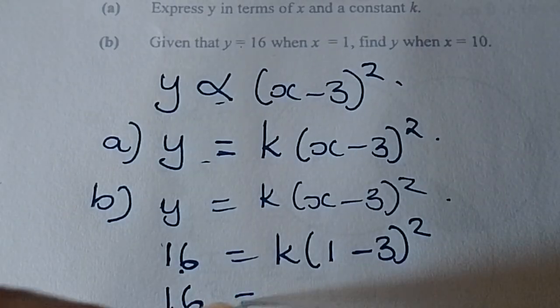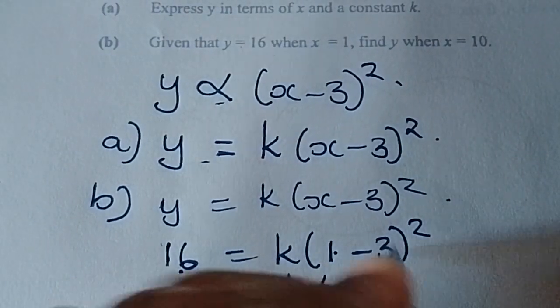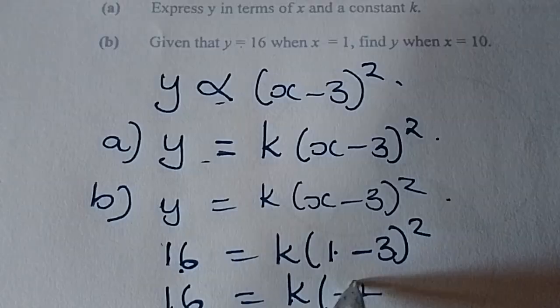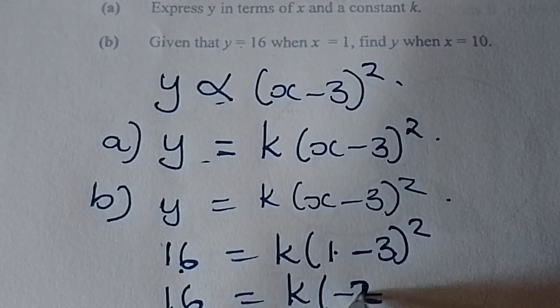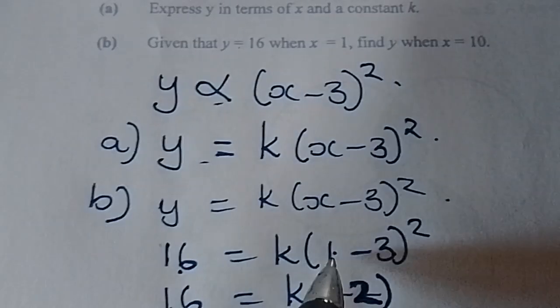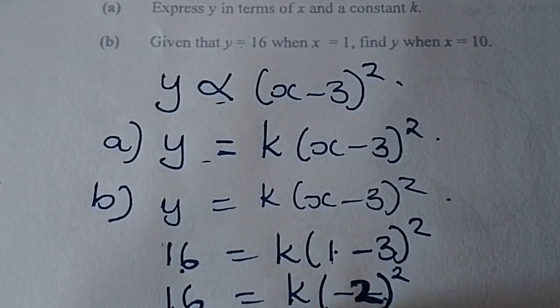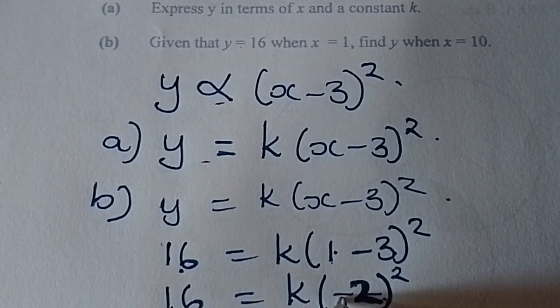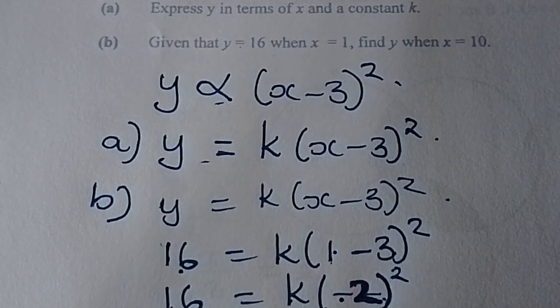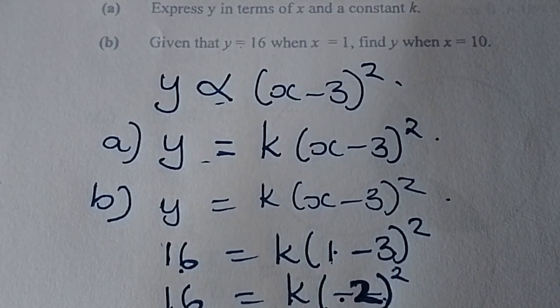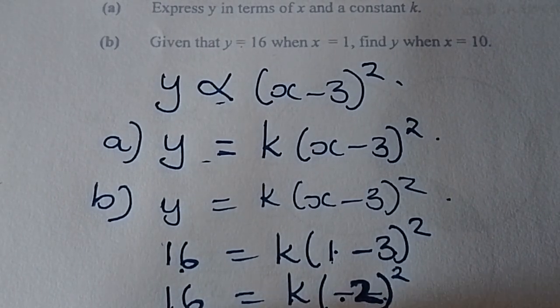So 16 is equal to k times, 1 minus 3 is negative 2 squared. So we now have 16 is equal to k times negative 2 times negative 2, it's 4. Divide both sides by 4. So k is equal to 4.